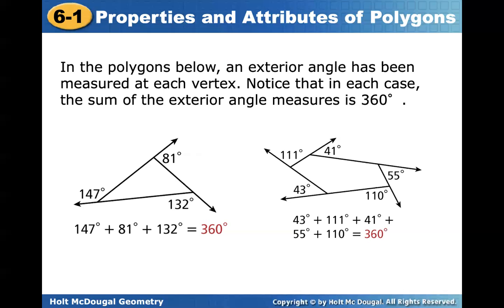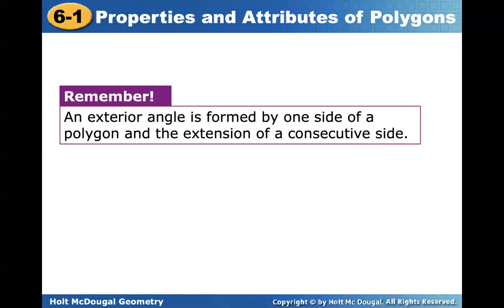As long as they're the extensions off of each side, if you continue to go around the figure, those angles will always add up to 360. Whether it's a triangle or a pentagon, in this case, they're the same. So always will add up to 360.